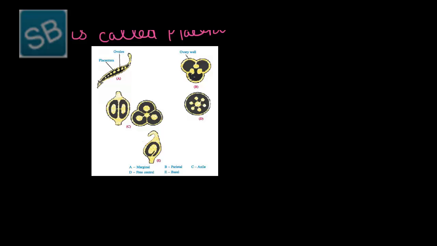In parietal type, the ovules develop on the inner wall in the periphery of the ovary. In axile type, the ovules are arranged on the central axis. In free central, the ovules are borne on the central axis from which ovules arise. And in basal type, the placenta develops at the base of the ovary and bears a single ovule.